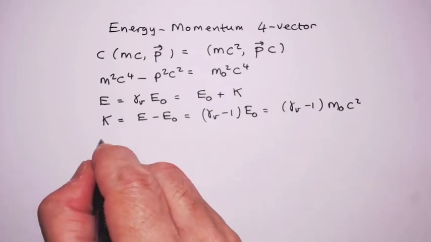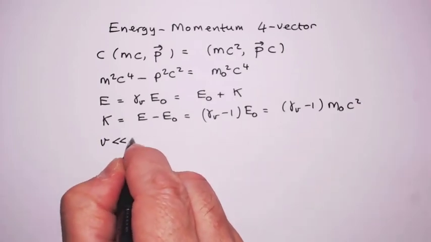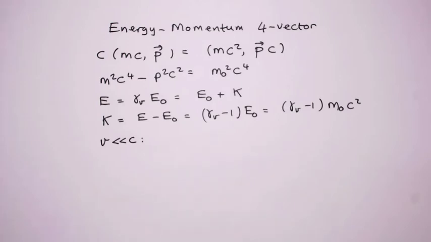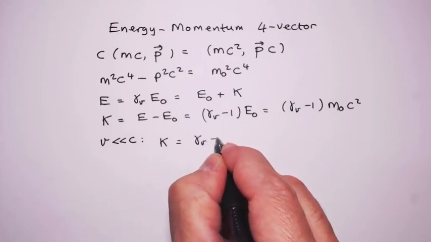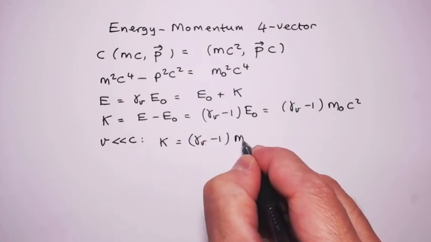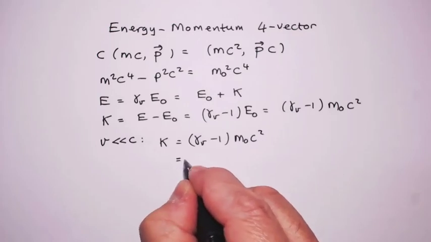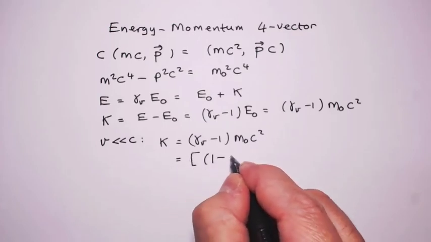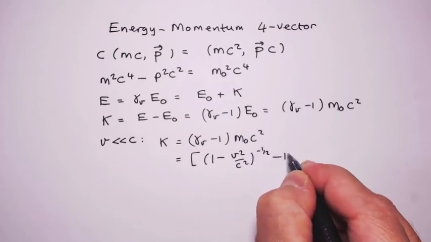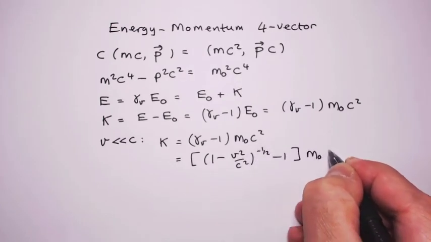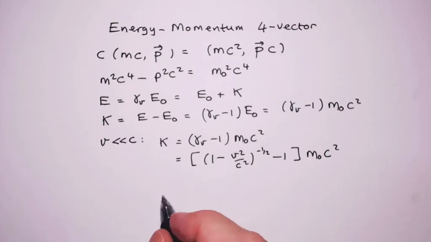Now, the relativistic kinetic energy corresponds to the classical non-relativistic kinetic energy for speed v very much less than the speed of light c. In this case, K = (γ - 1) m0 c^2, which is equal to [(1 - v^2/c^2)^(-1/2) - 1] m0 c^2.